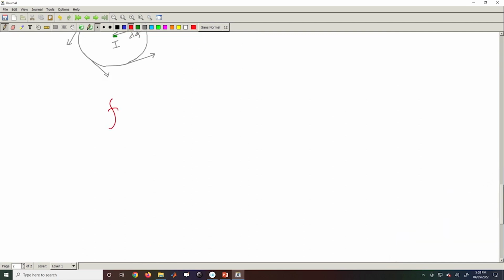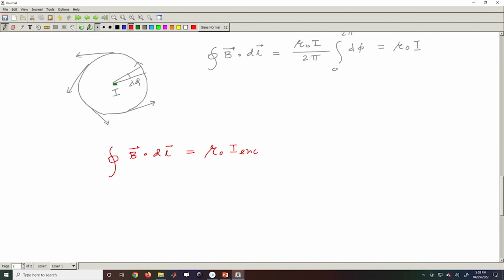The closed line integration of B dot dl is mu 0 I, but now I write I as I enclosed, because whatever circular line I am drawing here, the current is inside. That is why I write this current as enclosed.